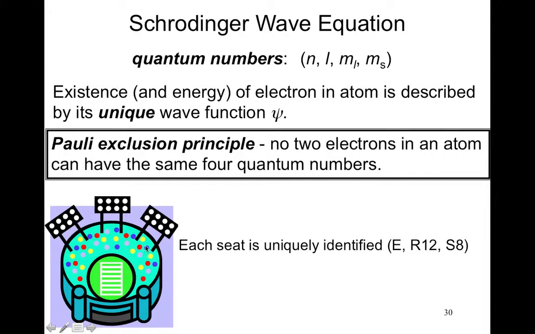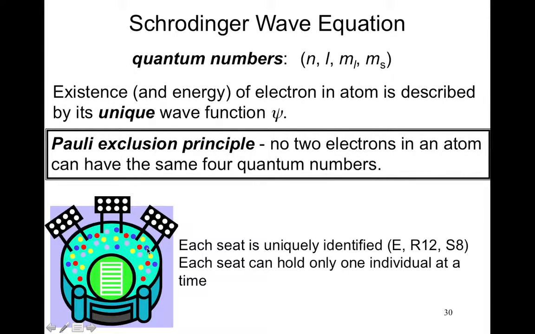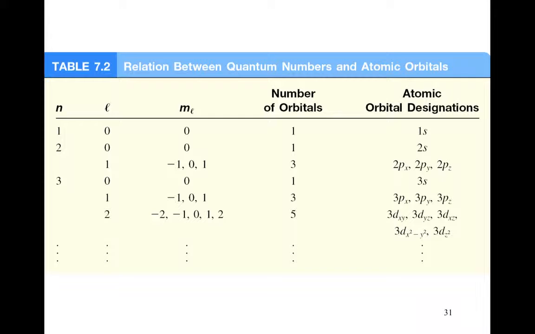Here they give the example of maybe stadium seating, being a set of numbers that guides you to the location for just you. The Pauli exclusion principle is a set of numbers that guides us just to that one electron. And so here they are: n, 1 through 7; l, up to n-1; magnetic quantum numbers, zeros, -1s, -2s, 2s; and then the number of orbitals that they'll each hold.